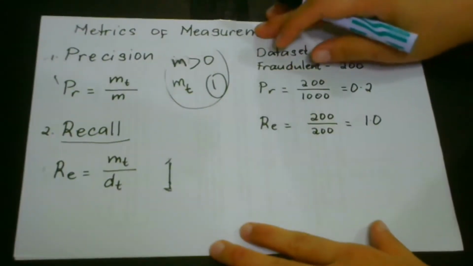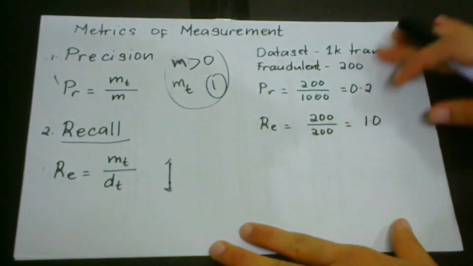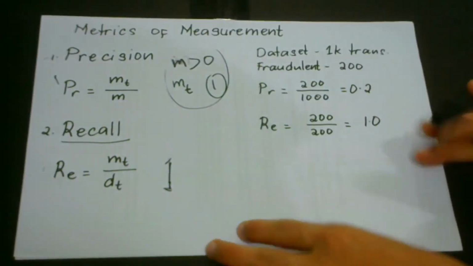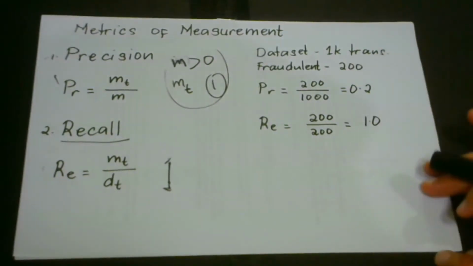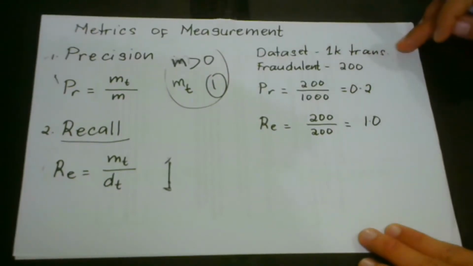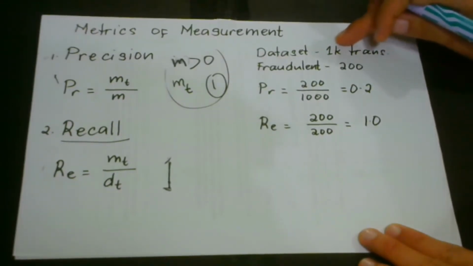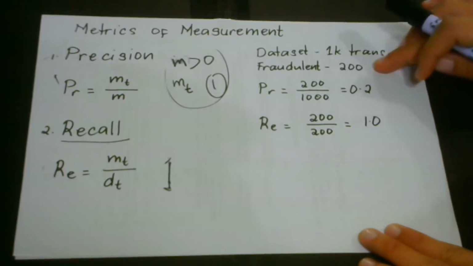For us to be able to properly understand these two metrics, precision and recall, we're going to have this example. This one concerns credit card transaction fraud. Our dataset has 1,000 transactions, and out of these 1,000 transactions, we consider 200 to be fraudulent.